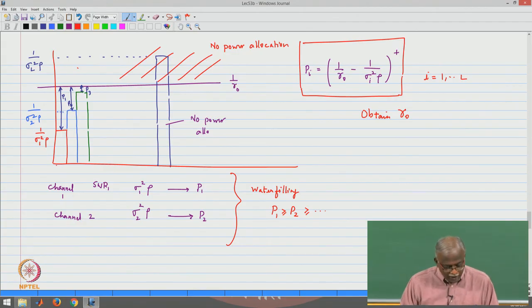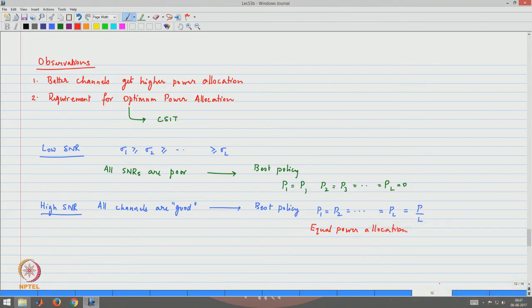Now, let us make one more observation. What would happen when we have such an equal power allocation? Let us do a quick calculation.